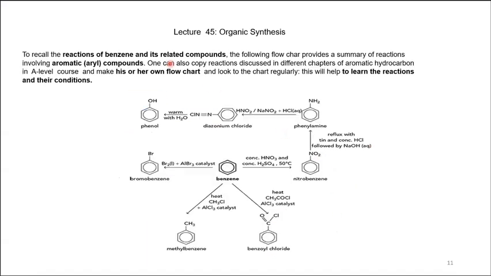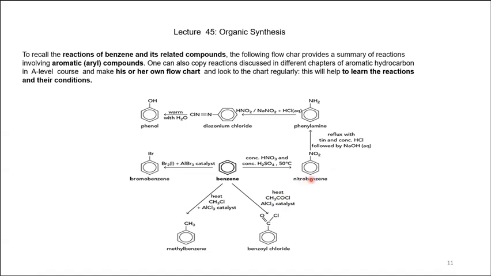Similarly, we can have a flow chart of benzene and its related compounds. As I say, these are aryl compounds. We have been discussing benzene and its derivatives, and mentioned many of these reactions in particular lectures. And here is a flow chart of the important reactions of benzene or aryl compounds.